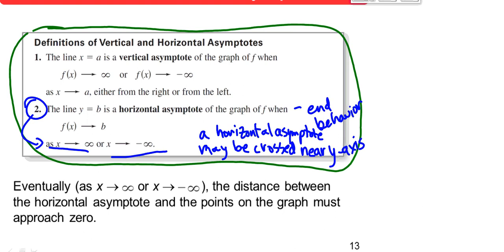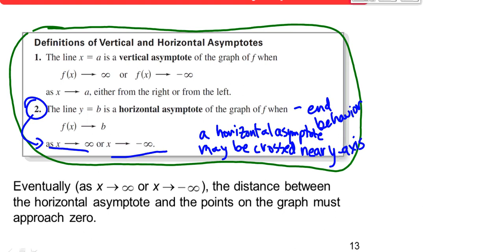And then our other thing is the line y equals b is a horizontal asymptote of the graph when f of x goes to b, some value. It may be 0 sometimes, it may be a numerical value, as x goes to positive infinity or x goes to negative infinity.